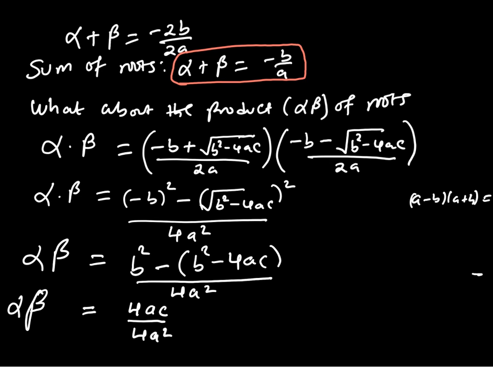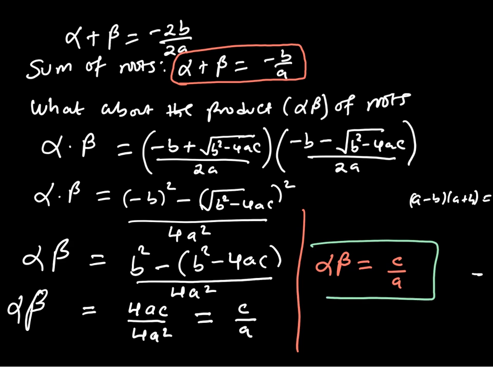So alpha times beta, you end up with 4ac over 4a squared, and this is the same thing as just c divided by a. Let's write this small result here, because we're trying to economize space. We have alpha beta is equal to c over a, and this is very important for us, ladies and gentlemen.